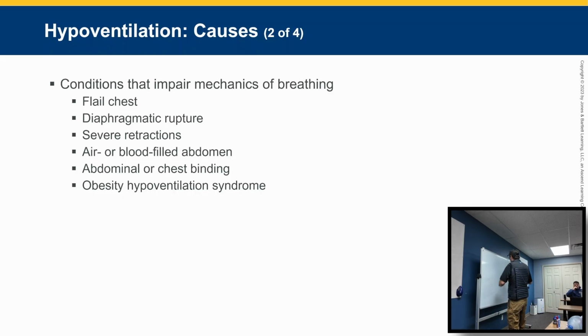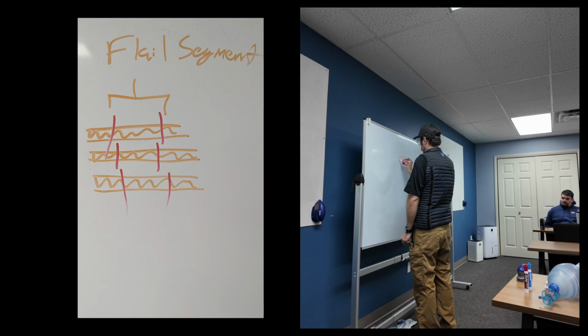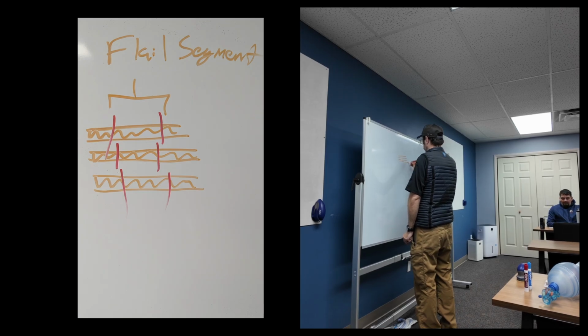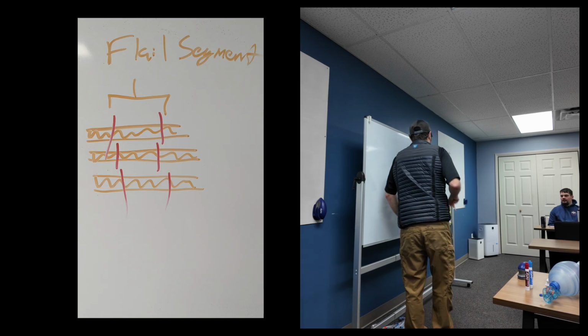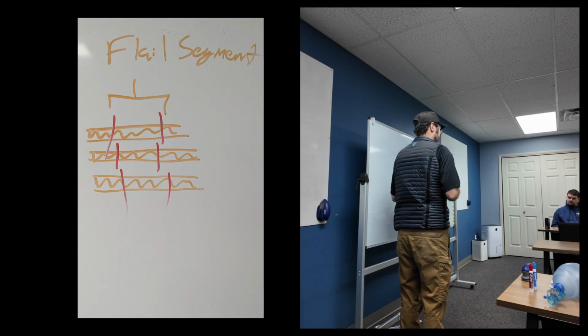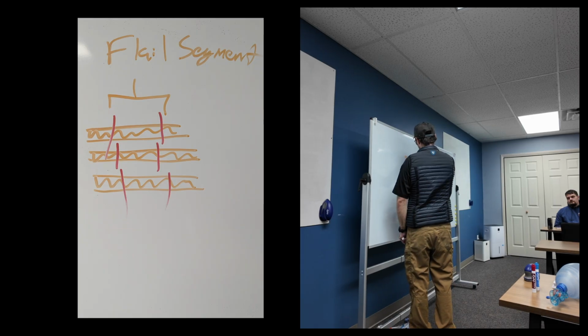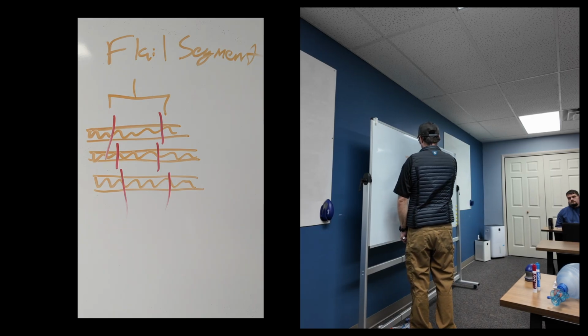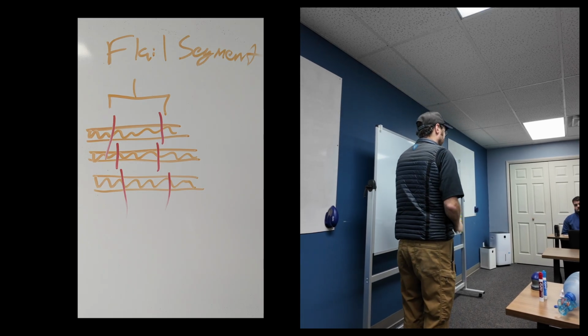All right. So these little guys right here will be our ribs. Now, if I have a fracture here, and a fracture here, and a fracture there, what do I call that?